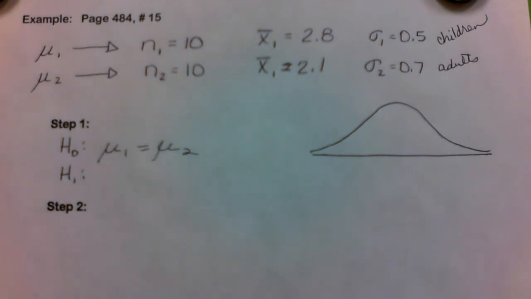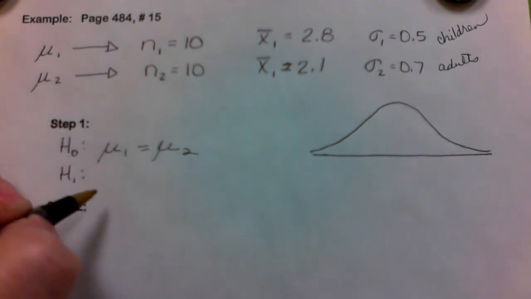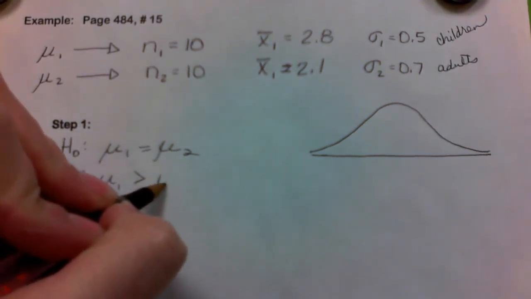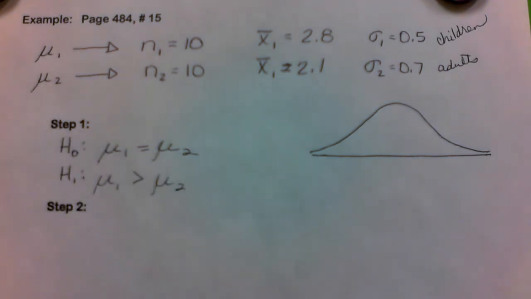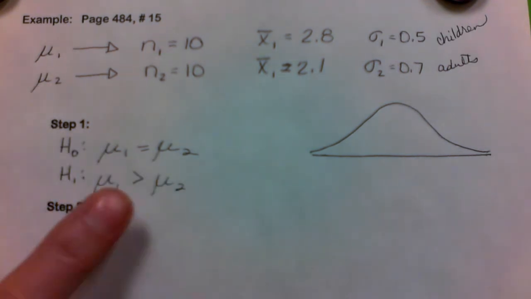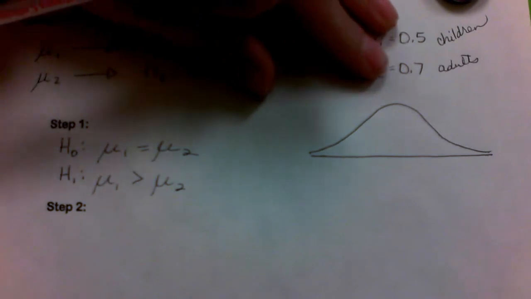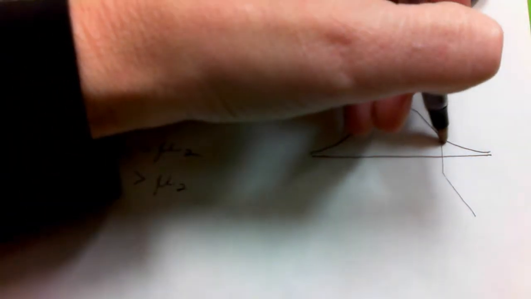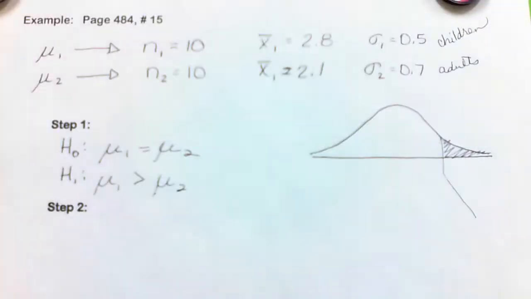But then it reads, do these data indicate that on average the children, and children is mu1, tend to have more than adults? So in this case, mu1 is children, more than would be greater than the adults. So we have a greater than. Well, since sigma is known, I know I have a greater than, which tells me I have a right-tailed test.